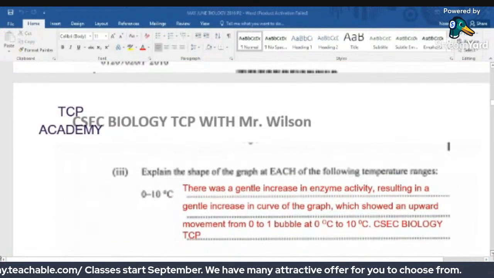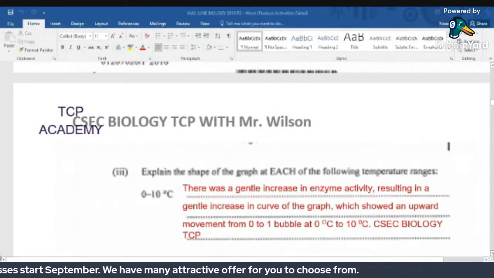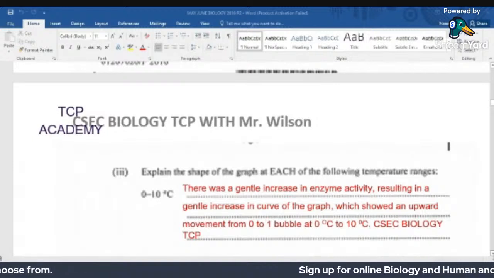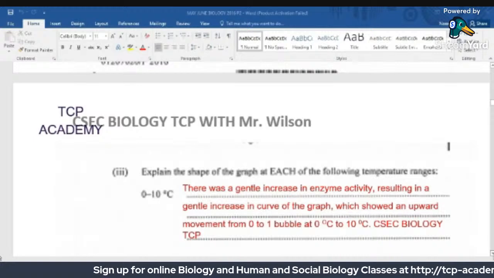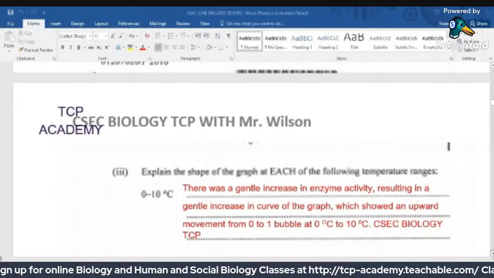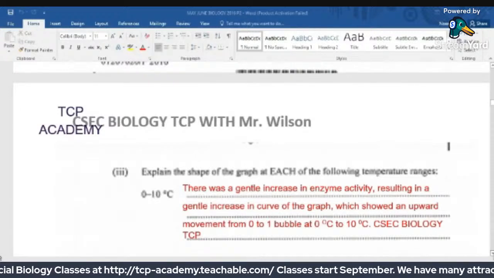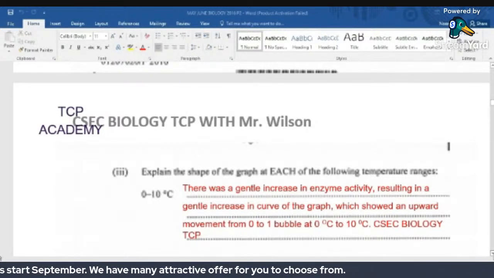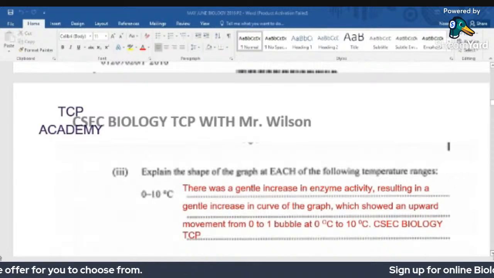So we're looking at 0 to 10 degrees Celsius. There was a gentle increase in enzyme activity, which is pretty much a common thing when we are looking at curves like the sigmoid curve. It starts out very, very slow and then picks up. So there was a gentle increase in enzyme activity, resulting in a gentle increase in the curve of the graph, which showed an upward movement from 0 to 1 bubble.